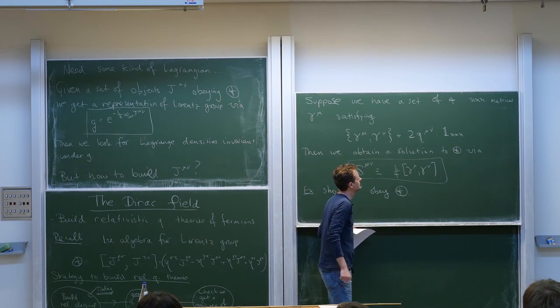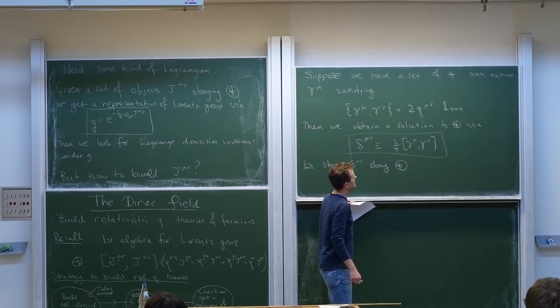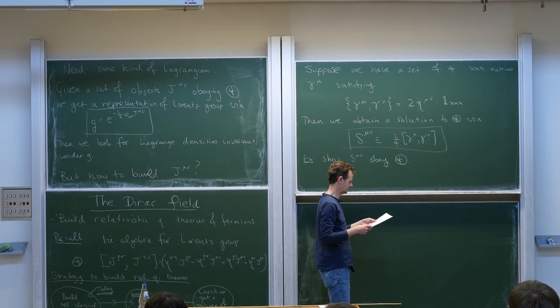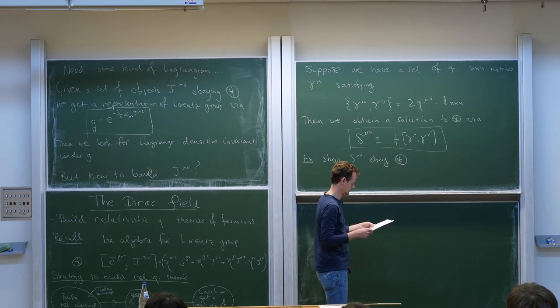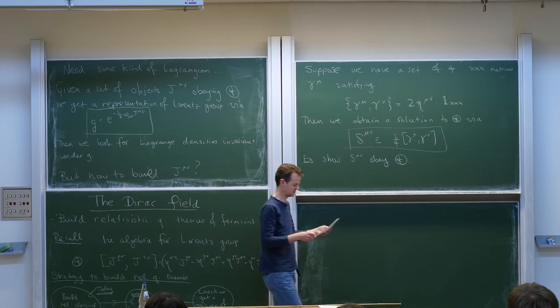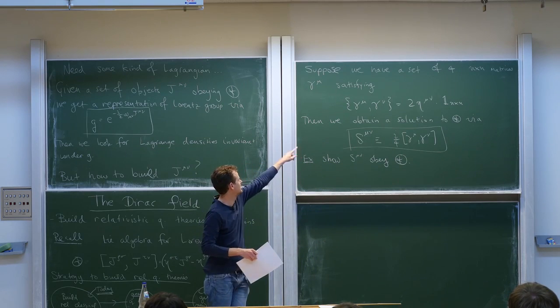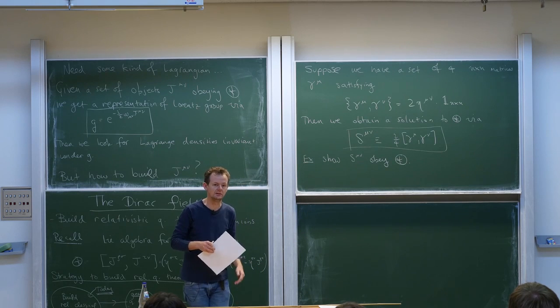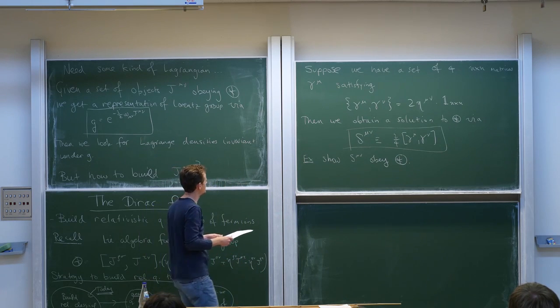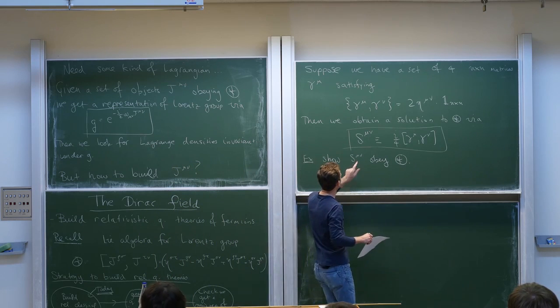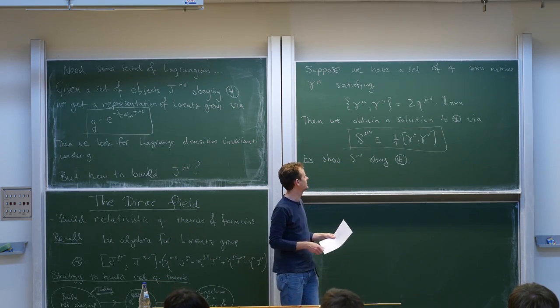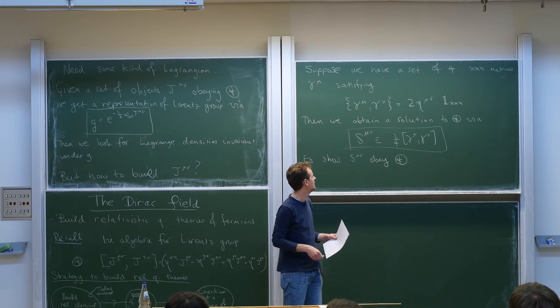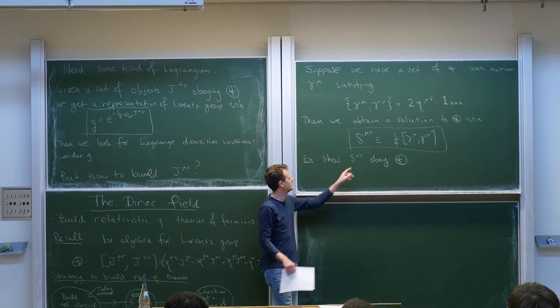I will leave that to you to do. It's just by direct substitution and using this anti-commutator property over and over again. So, show these 16 objects obey star.